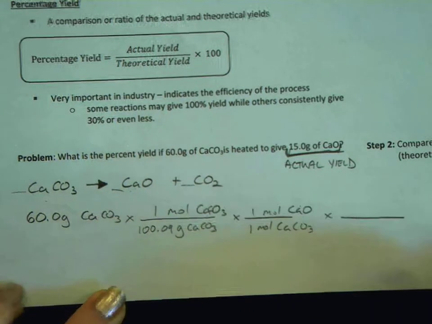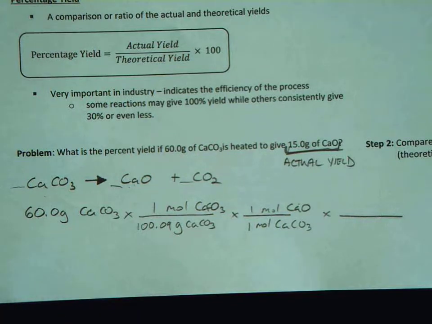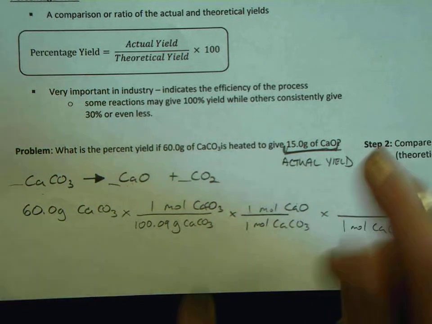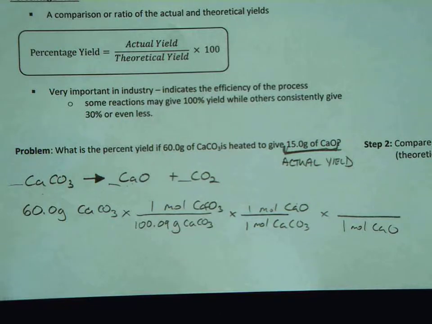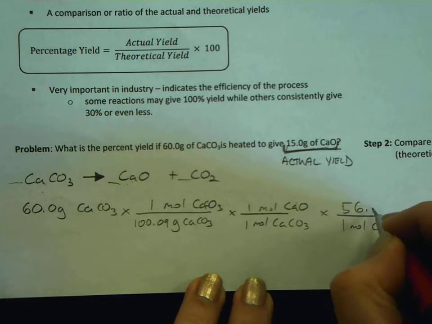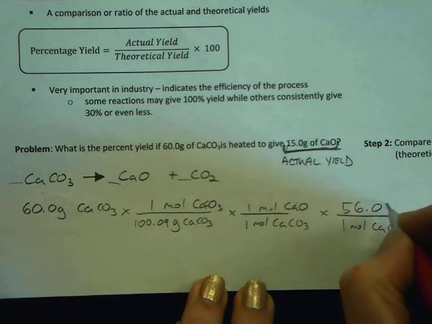And one more calculation. 1 mole of CaO has a mass of, calcium is 40.08 plus oxygen 16.00, 56.08 grams.